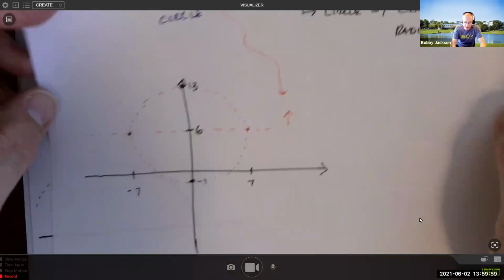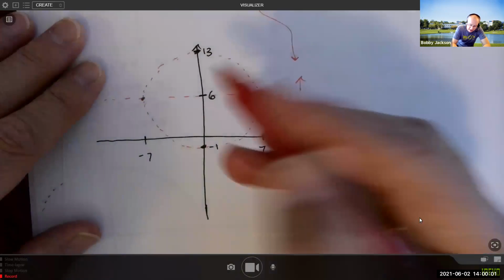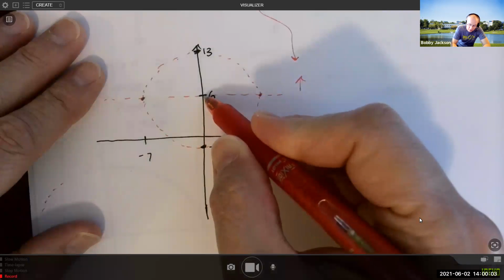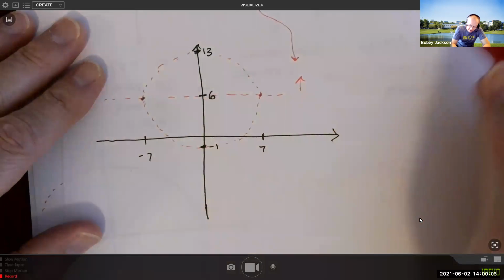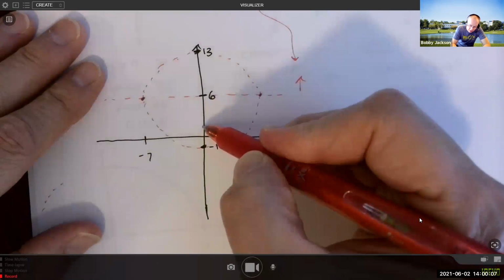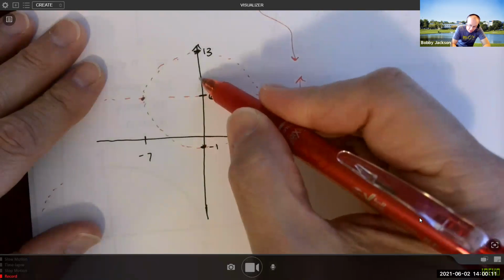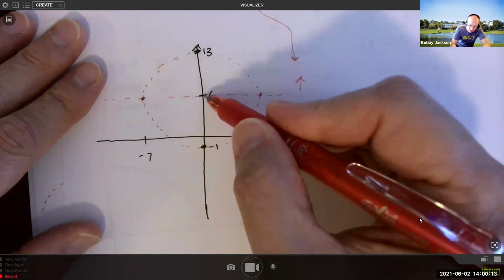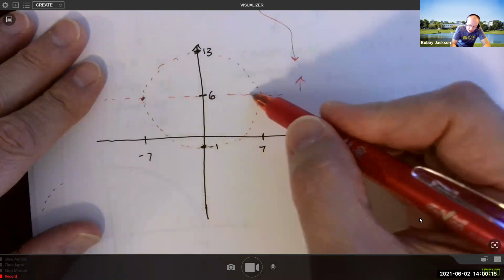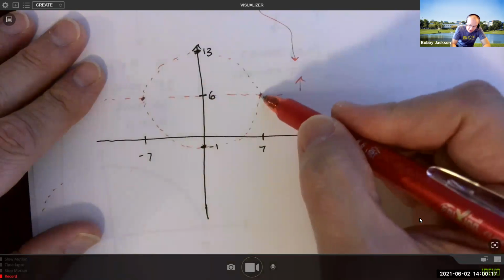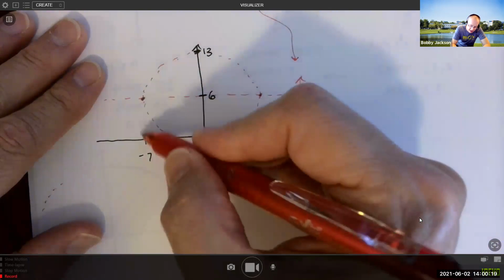If I graph the circle with center at 0 comma 6 and radius 7, going down 7 brings me to -1, since 6 minus 7 is -1. Going up 7 brings me to 0 comma 13. Going 7 to the right puts me at 7 comma 6, and 7 to the left puts me at negative 7 comma 6.